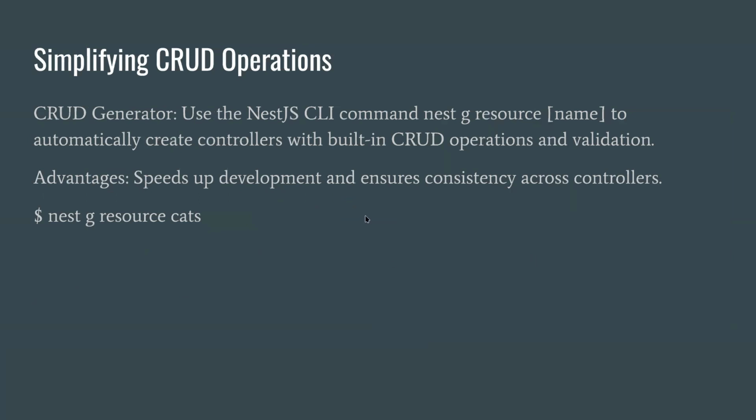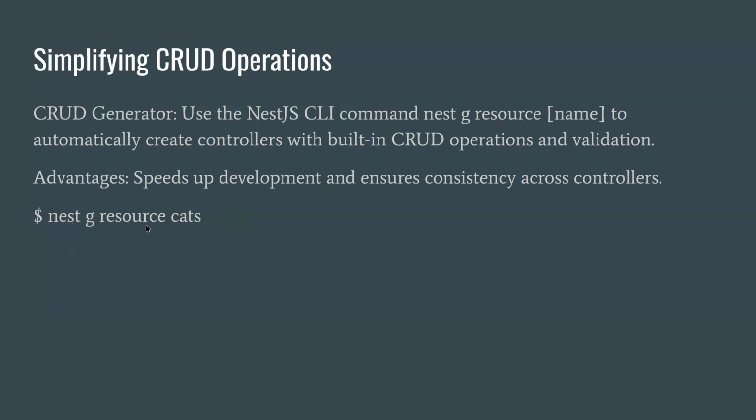By running nest g resource and the resource name, the framework scaffolds a complete set of controllers with these operations, including validation checks. This feature really speeds up development and helps maintain consistent coding practices across your entire application.